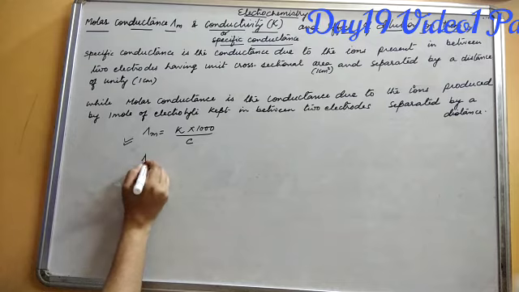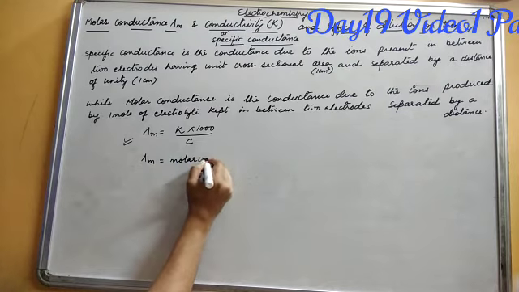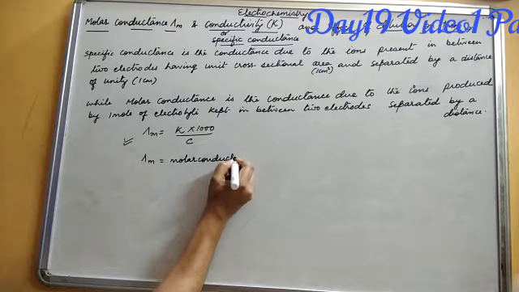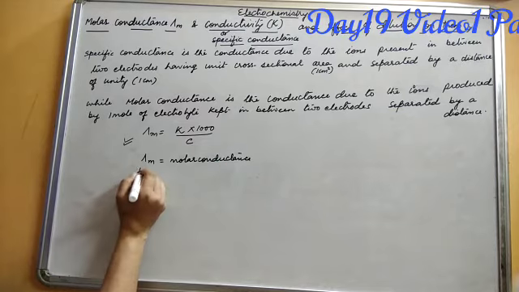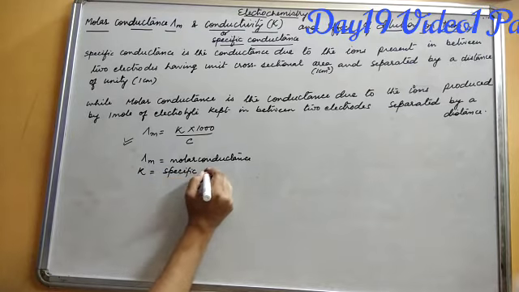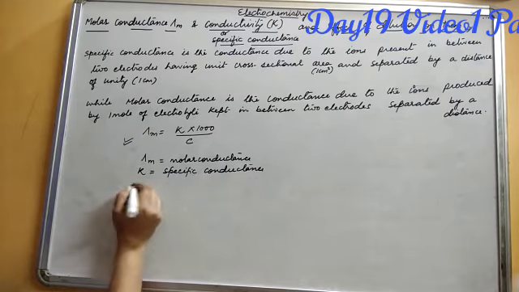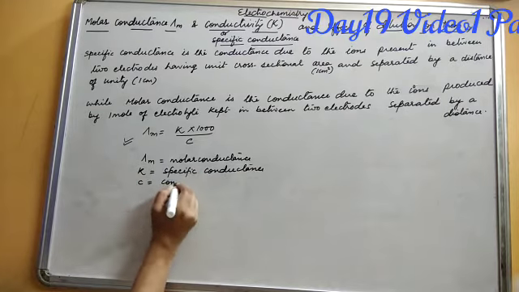Here lambda m is molar conductance, and kappa is specific conductance, and C is concentration in moles per liter.